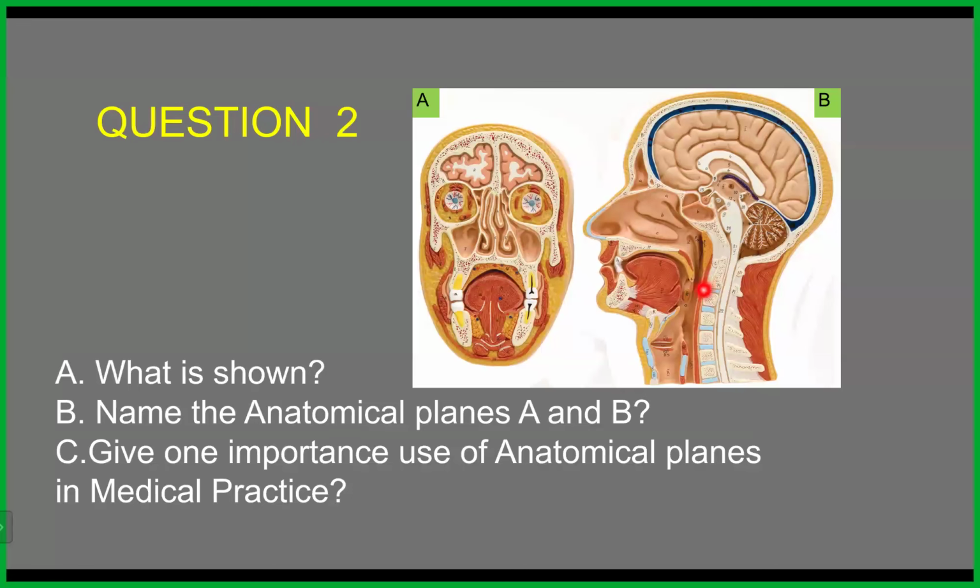If it is equal left and right, it may be referred to in some cases as the median plane. So name the anatomical planes A and B. That's a coronal plane, and that is the sagittal plane.